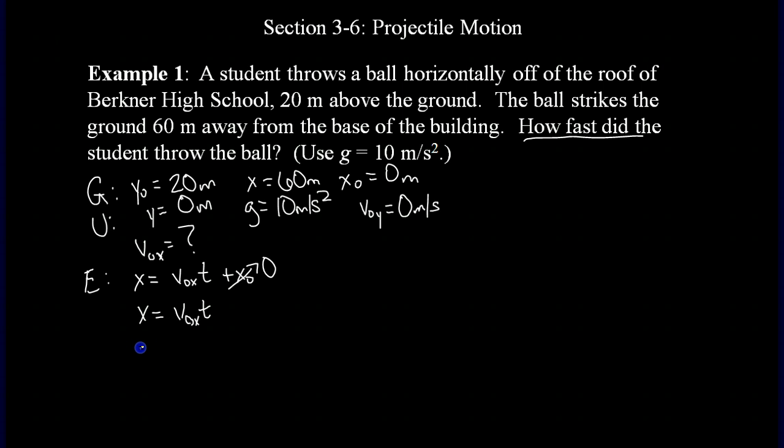Now on this one, we're really going to be solving for the initial velocity in the x direction, which is equal to, yep, change in position over time. Well, we know its change in position. What's its change in position? Right, 60 meters. It went 60 meters horizontally. That's given to us in the problem up there. So then the big problem is finding out time, how long the ball is in the air for. So we need a second equation for that.